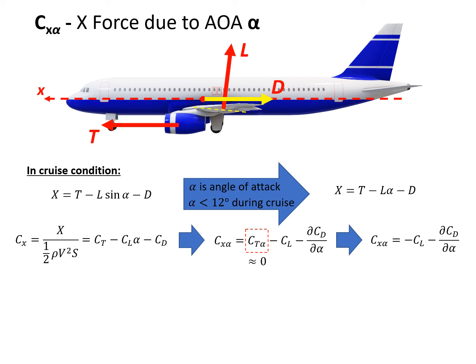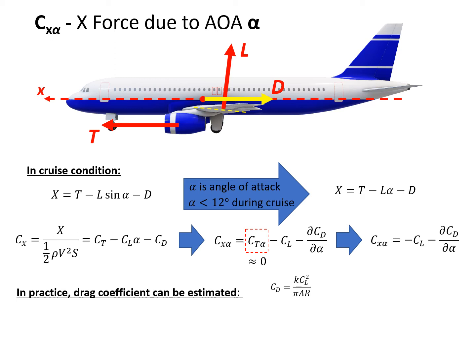And it's still not the final answer. We can actually go further, because in practice, the drag coefficient can be estimated by Cd equals K Cl squared divided by pi times the aspect ratio, AR. You may wonder why we get this type of relation.